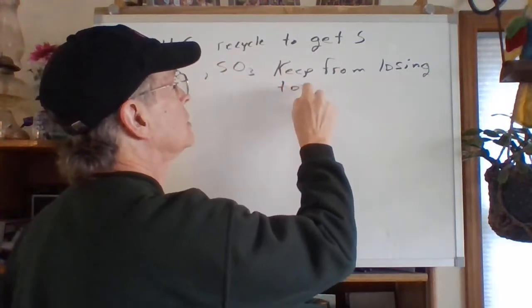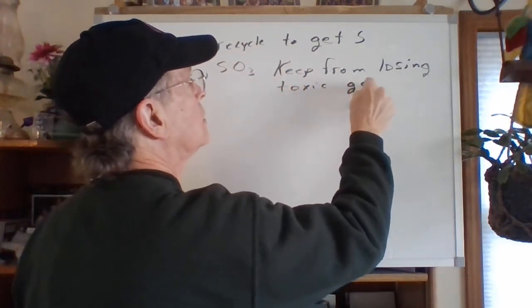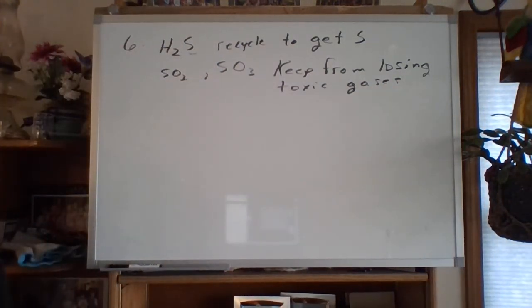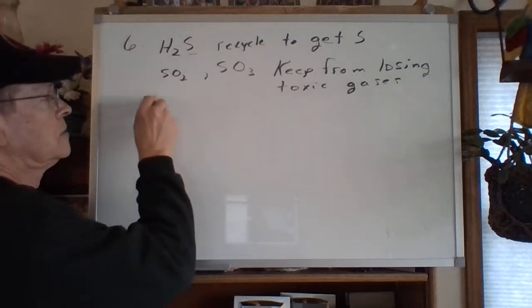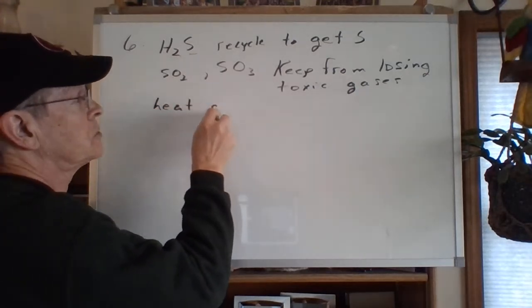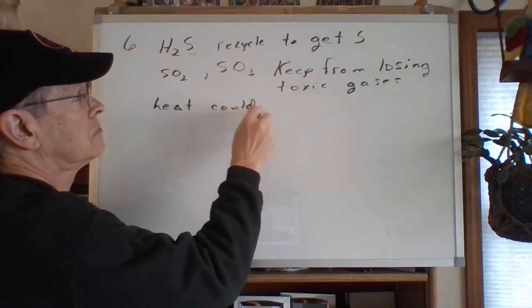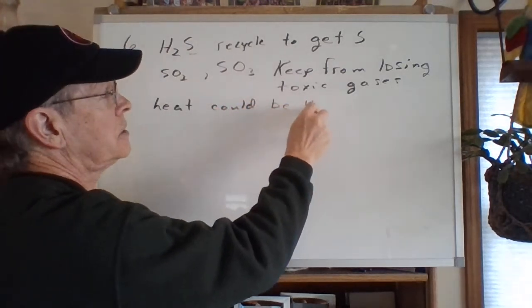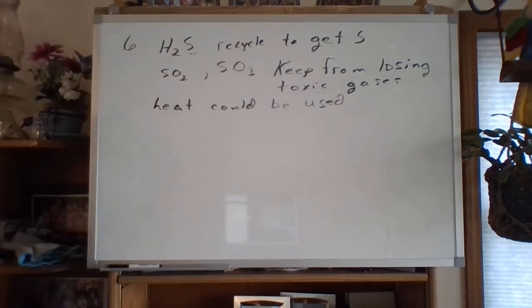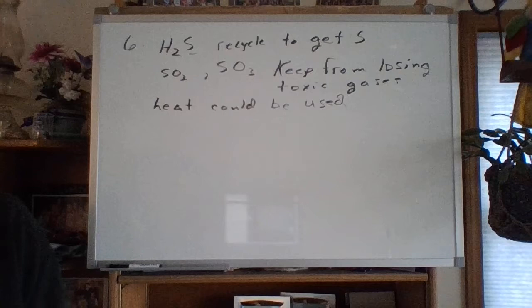Toxic gases. Some other ideas that you may have. The heat. This makes a lot of heat, which could be used as an energy source to do something else with. Take the heat from chemical reactions and use it to do something else useful. Anyway, you might have some different answers.